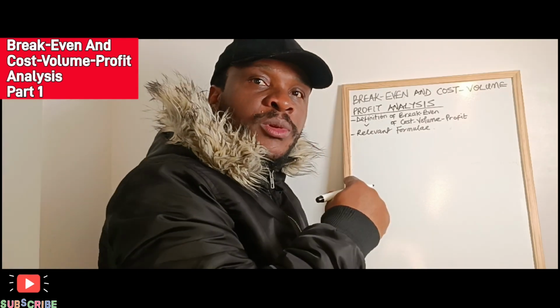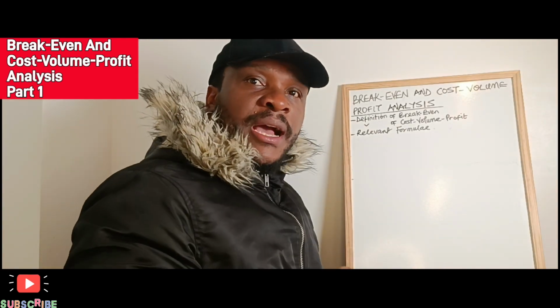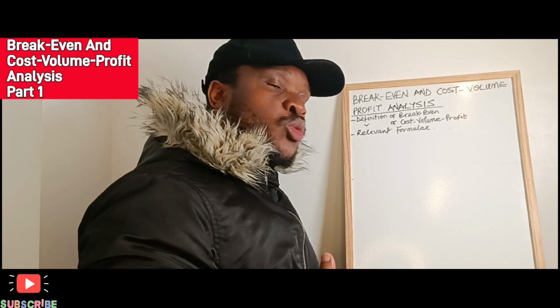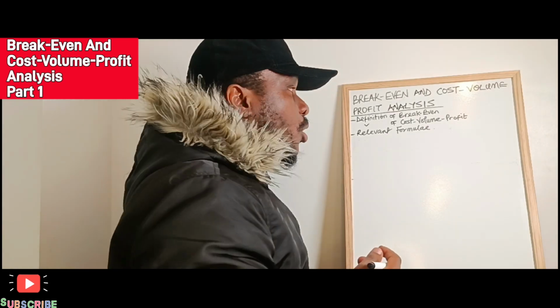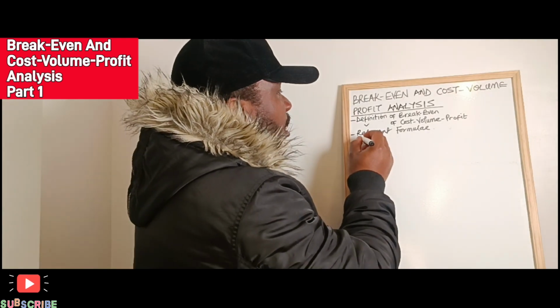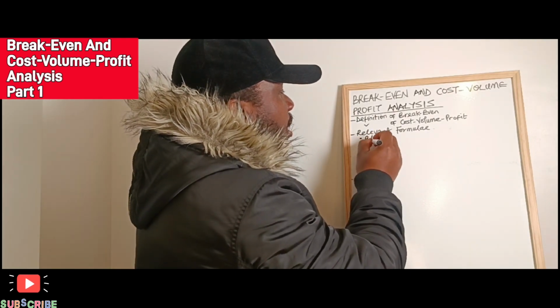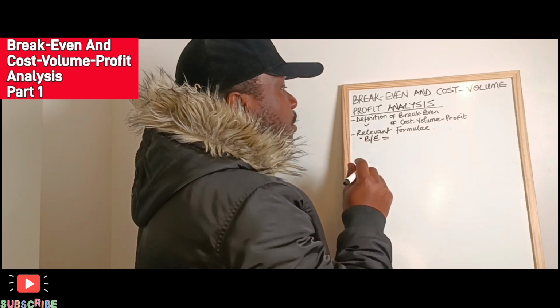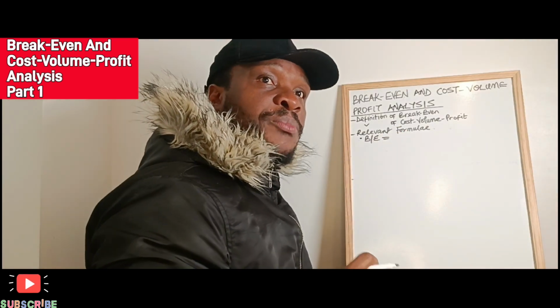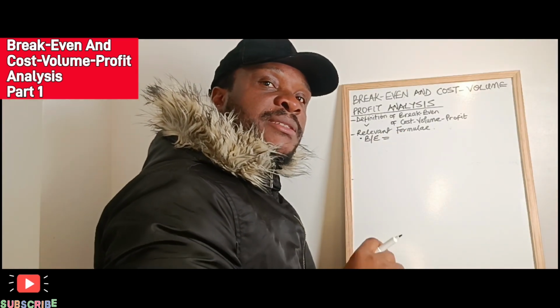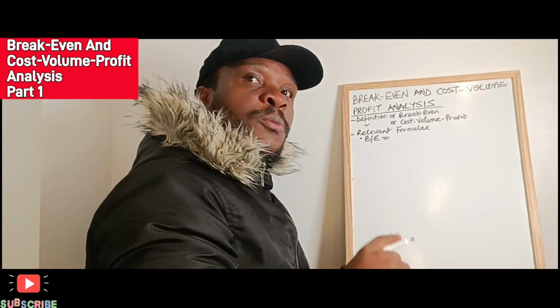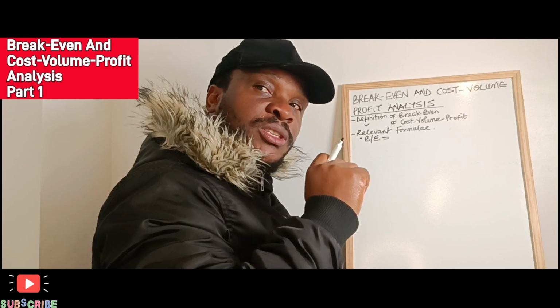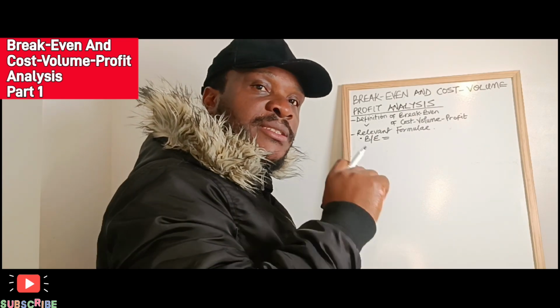Now, what is the formula for break-even, in case you are asked as a student, or in case you want to derive your break-even for your business? What is the relevant formula for break-even? BE is break-even. Break-even, like I said, is a situation in business where you are neither making profit nor making loss. It means your profit is zero, your loss is zero.